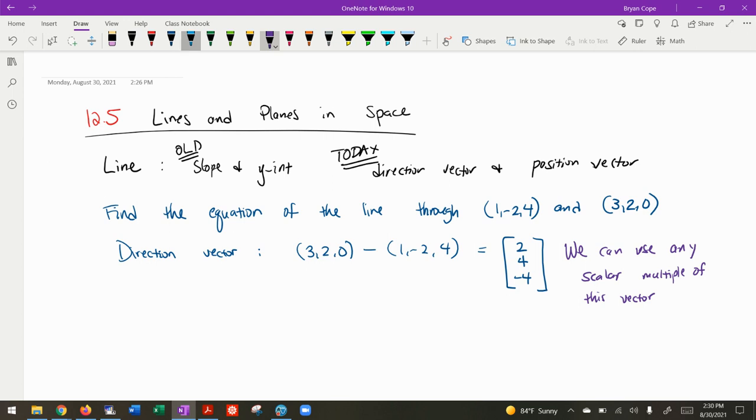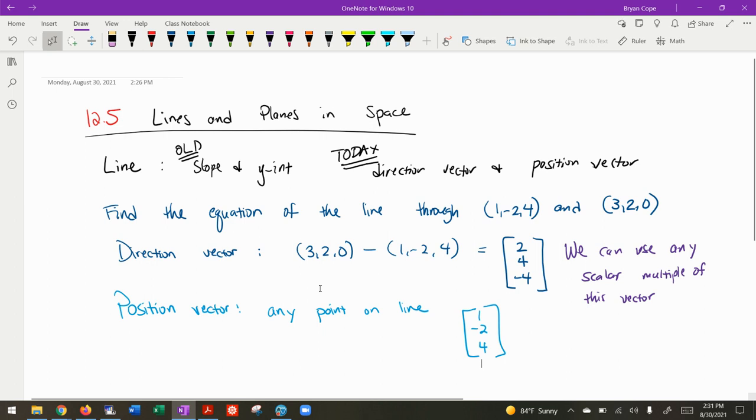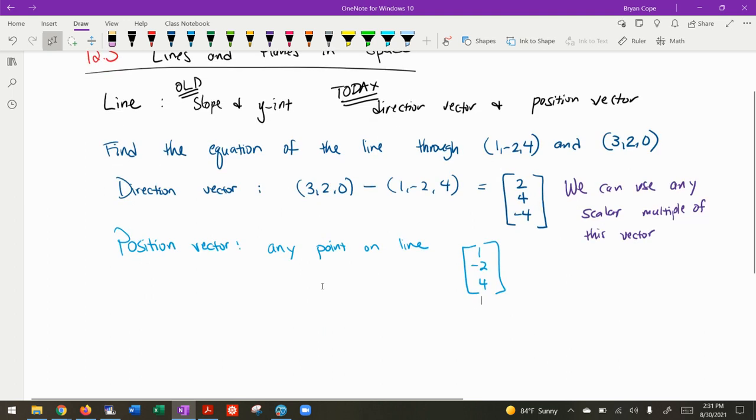All right, and then for a position vector, it's just any point on the line. So we've got 2 of them, so we can use either. I'm going to use the first one. I'm going to go with 1, negative 2, 4. Okay, so here is the vector way of writing the line.